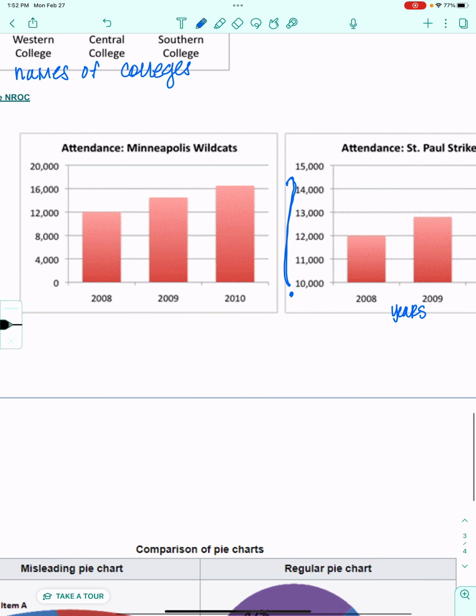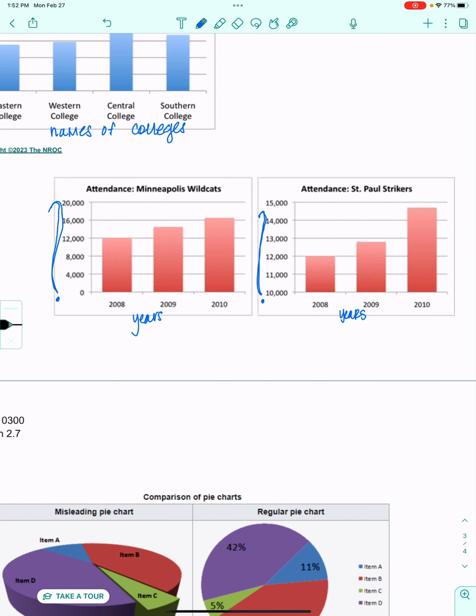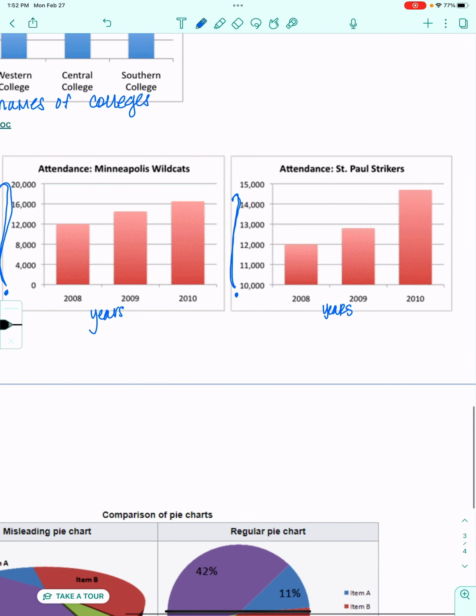If we go look at the Minneapolis Wildcats, we don't really know what these are. We can assume fairly safely that these are years. And when we go look at the graphs just at the surface level, it looks like the St. Paul Strikers have more people attending their games.